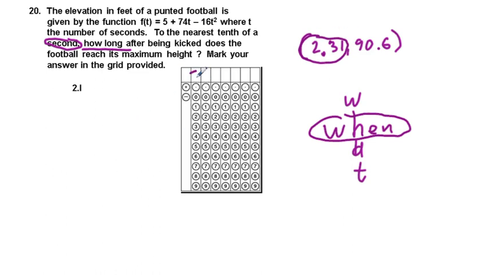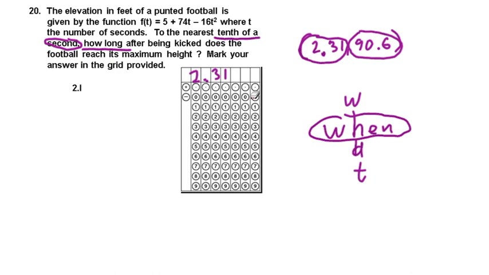And think about this a little bit. When you kick something up in the air, okay, a ball in the air, is it going to be staying in the air for 90.6 seconds? No, makes no sense. Then another little nicety, it says to the nearest tenth of a second.